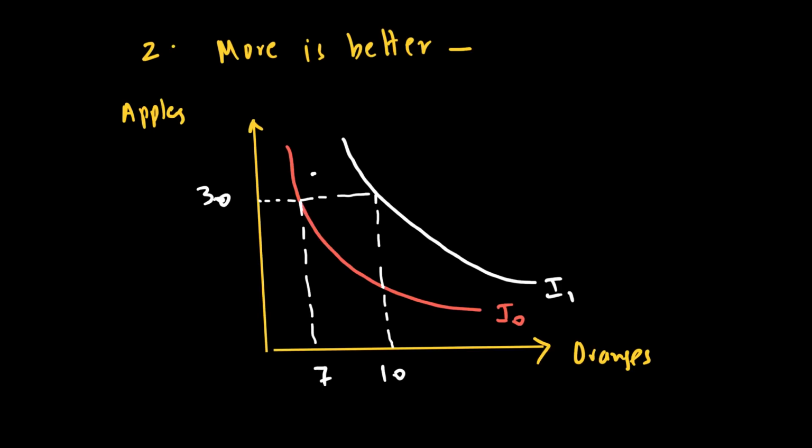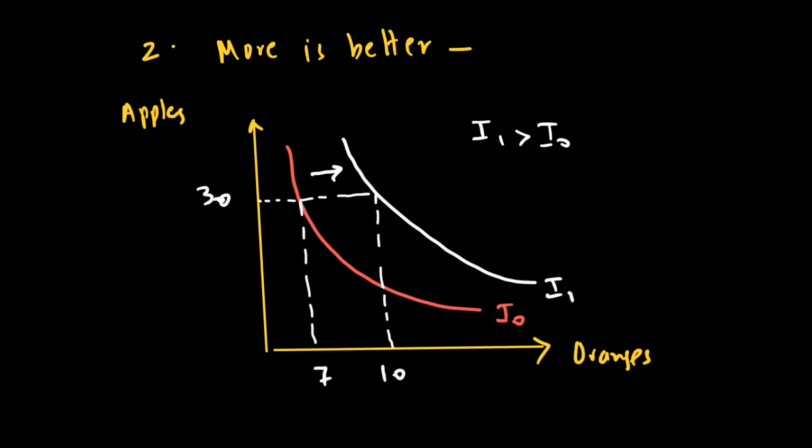This means an indifference curve to the right is always preferred over one to the left, or it will have a higher utility level than one on the left, because without sacrificing anything of apples I'm getting more of oranges, which means I1 is better than I0.